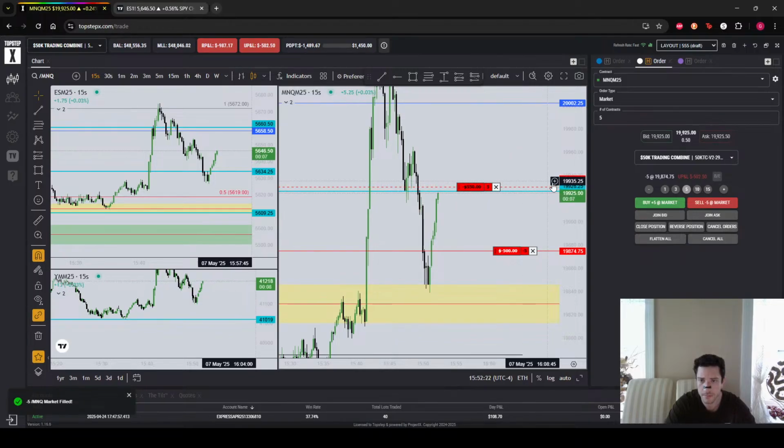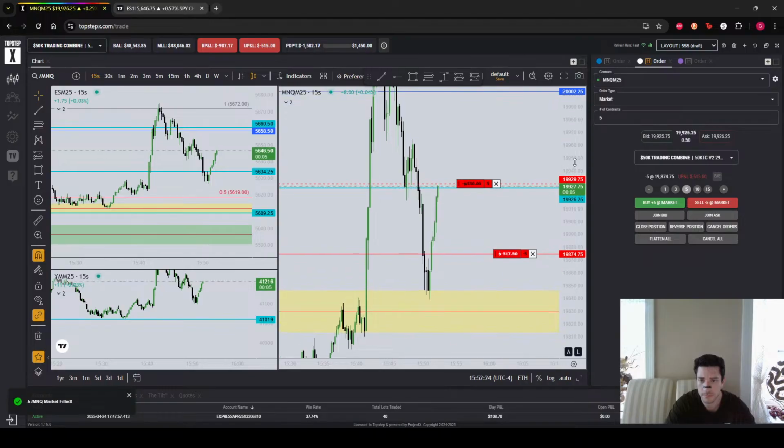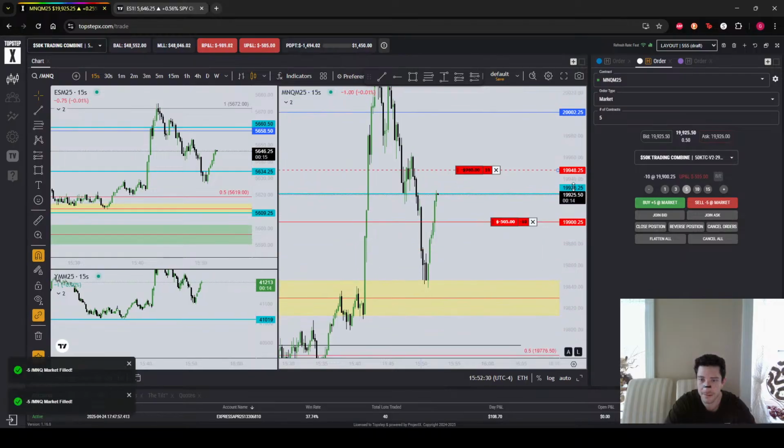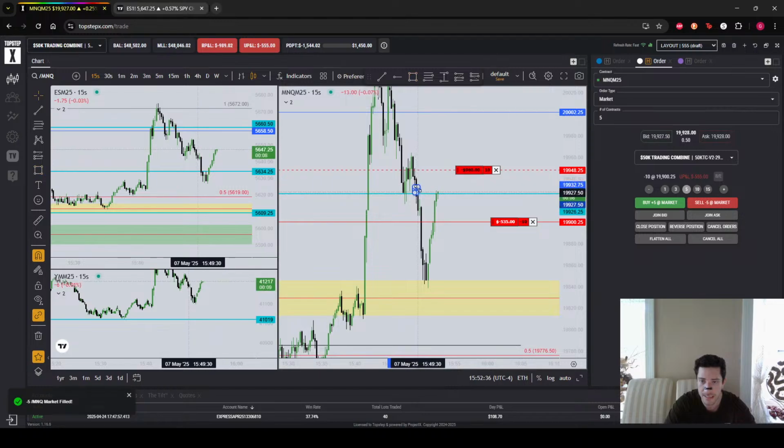Wow. It's really close. Added some just as it moved into that gap. That stop was just a default 550 stop.